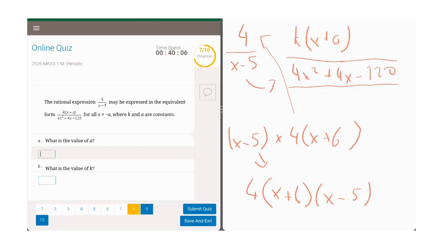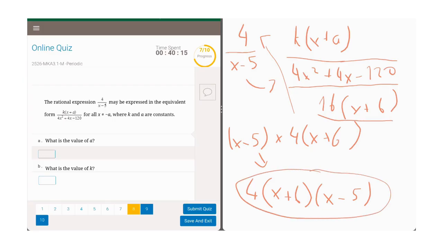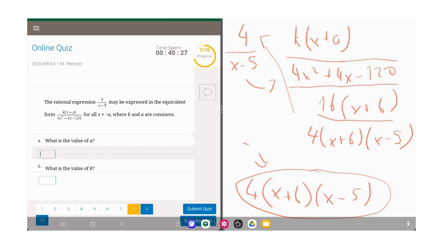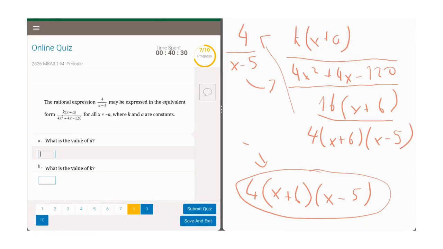So that means 4 times 4 is 16, x plus 6 over this denominator. Not this. So let me write the denominator, 4x plus 6, x minus 5.